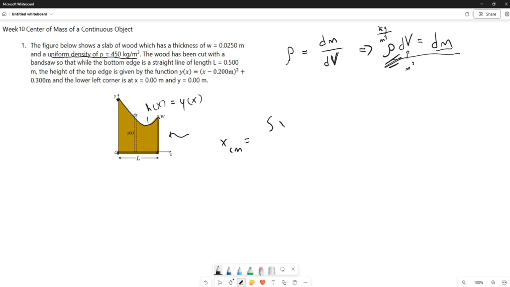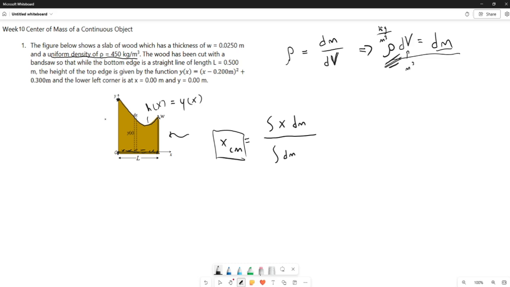And so we can just apply the definition of the center of mass in order to find where the center of mass lies along the x-axis. Somewhere here, right?